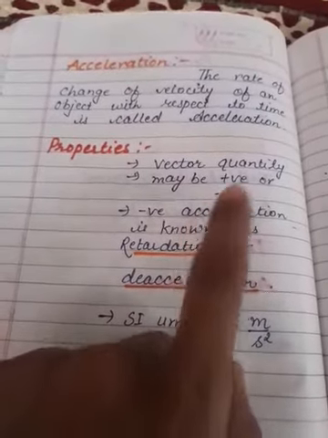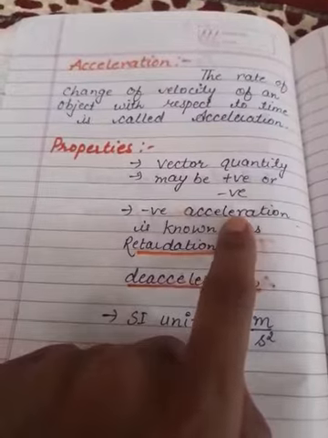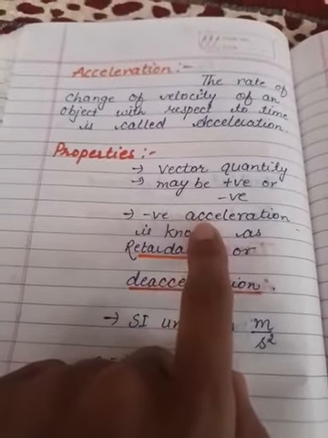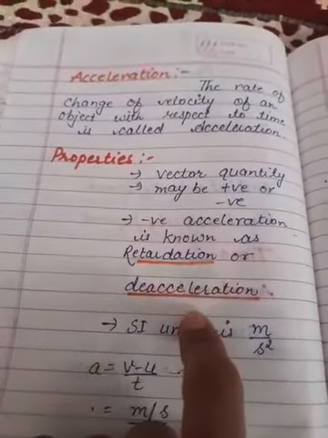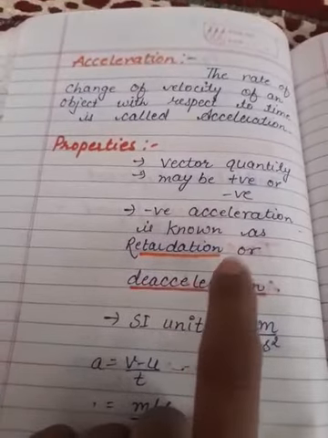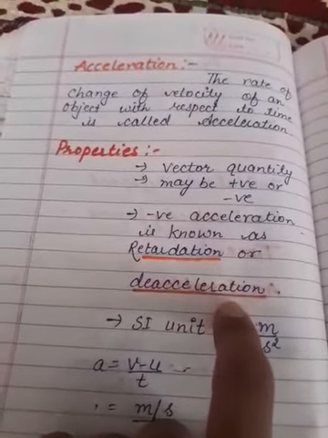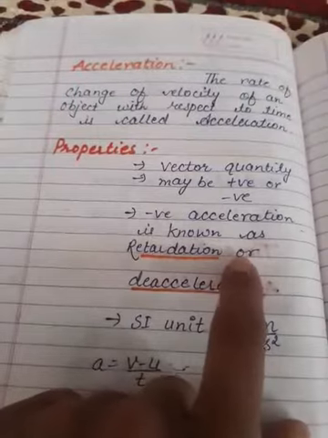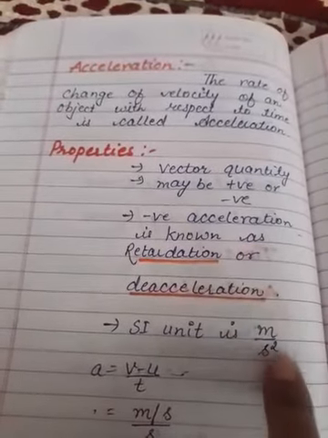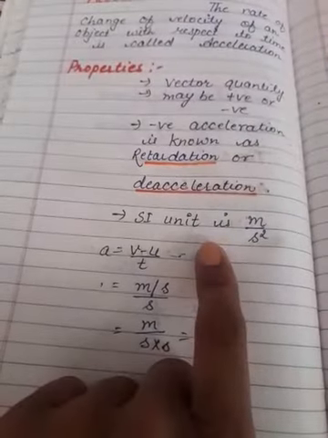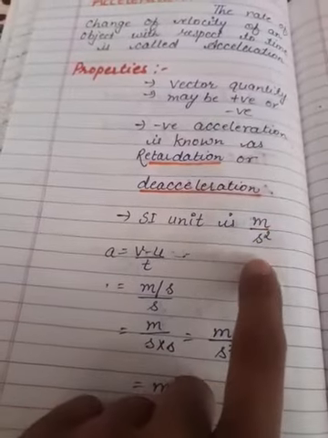And if negative acceleration is there, then we can say retardation or deceleration. So what is the definition of retardation or deceleration? Negative acceleration is known as retardation or deceleration. Its SI unit will be m upon s square.